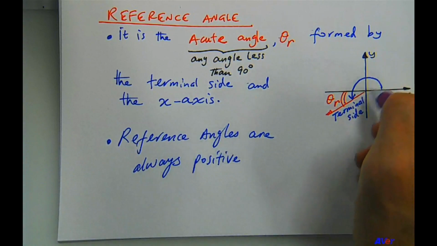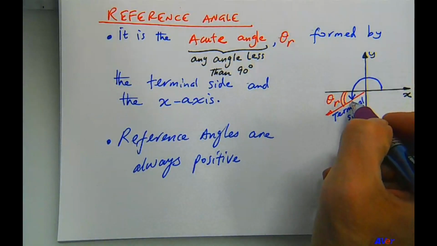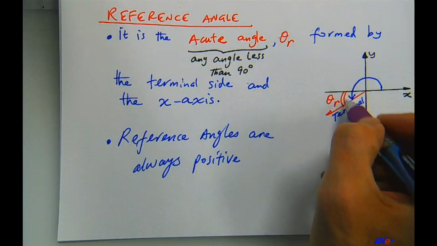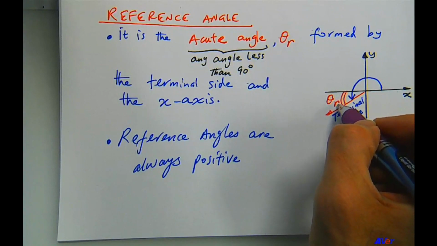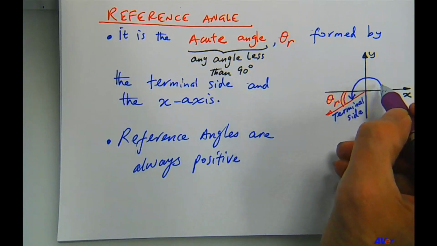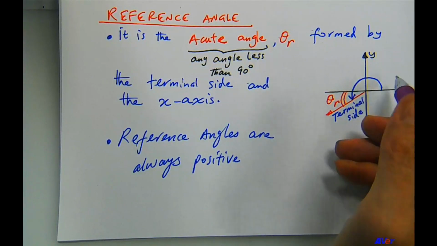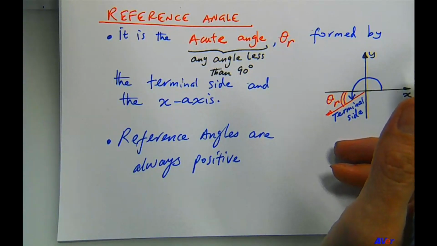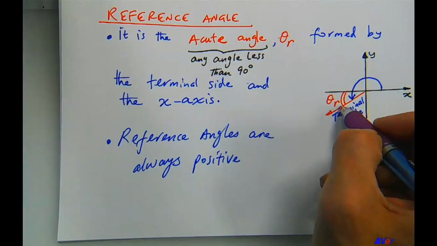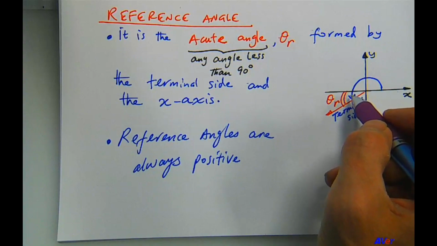So you could have, for example, to get to this terminal side, we had to go, let's say, positive 210 degrees, right? So 180 plus 30 degrees. So the reference angle would be 30.